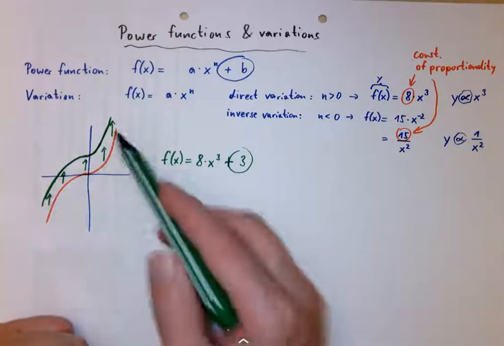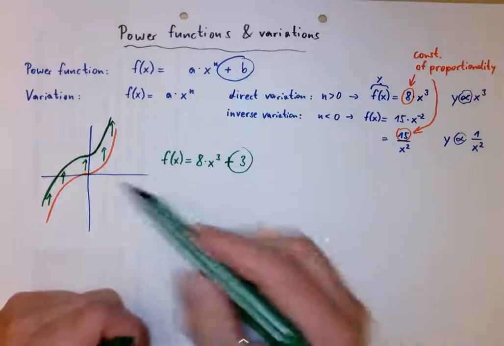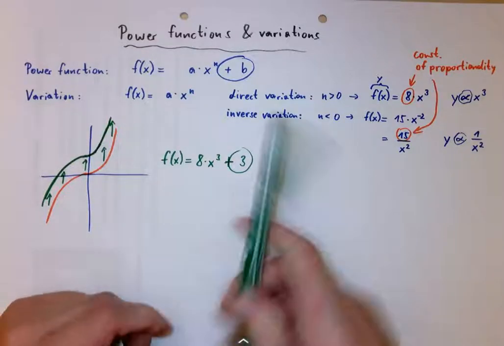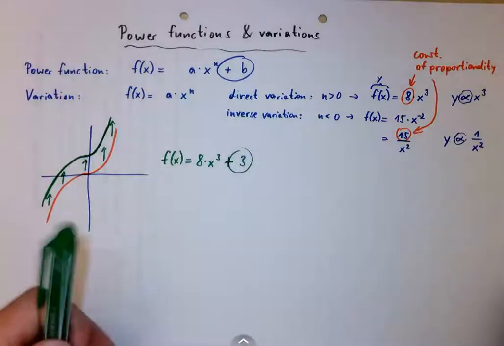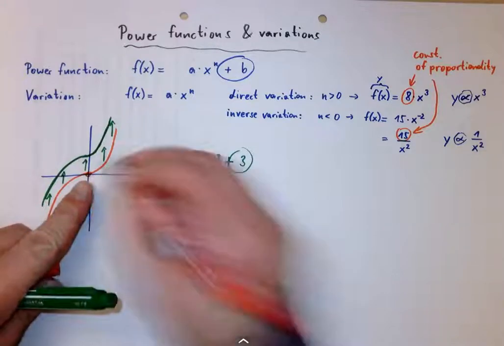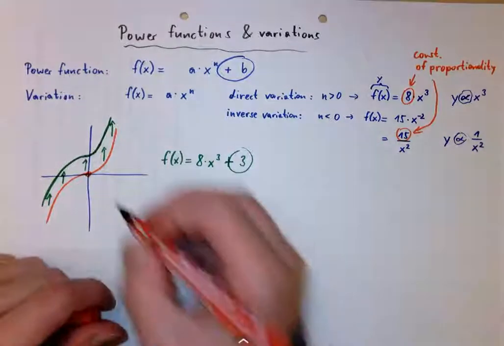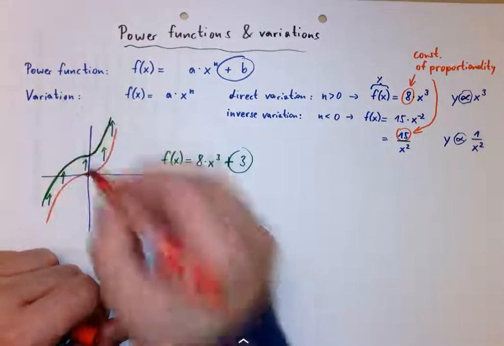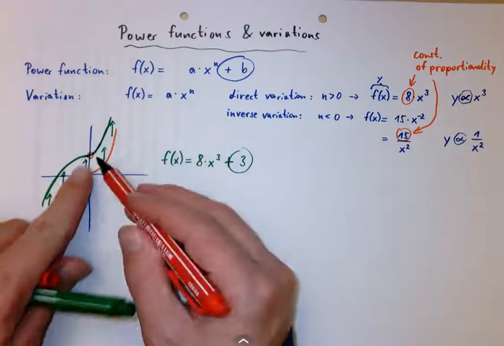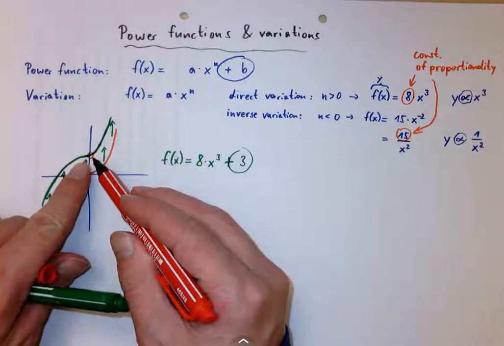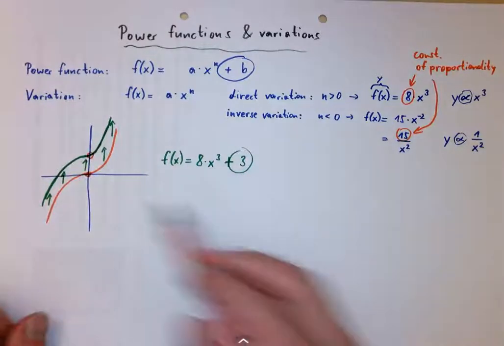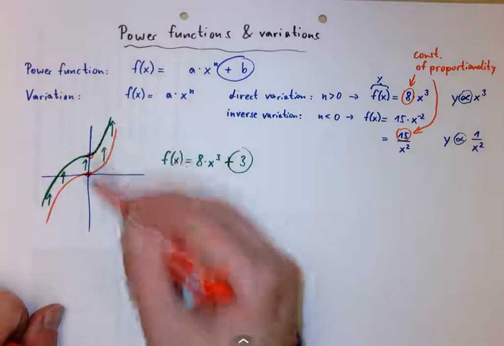This is not a variation, because a variation always needs b to be 0 so that it goes through the point 0, 0 if it's a direct variation. And this new power function doesn't pass through the origin, but it passes through the point 0, 3, because the plus 3 makes it cross the y-axis at 3.